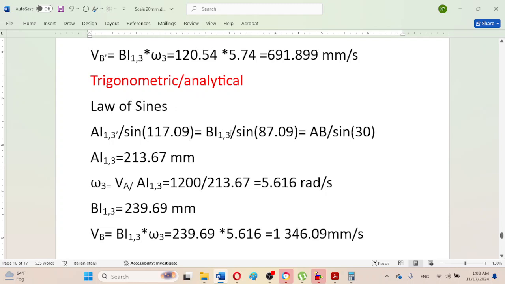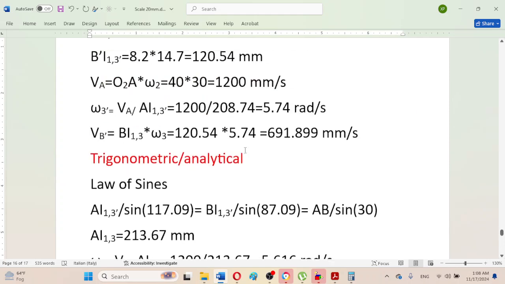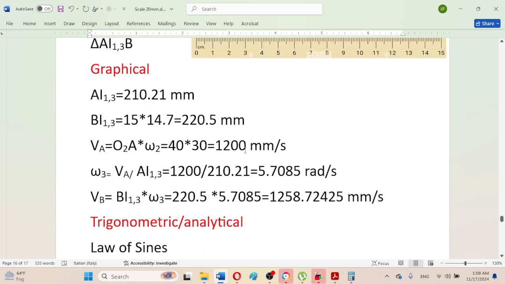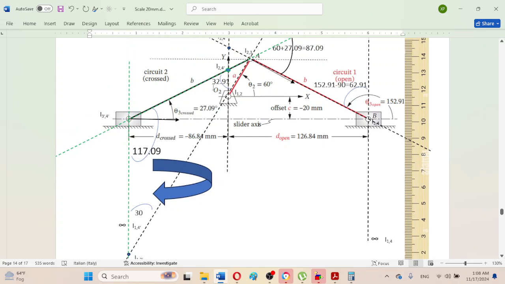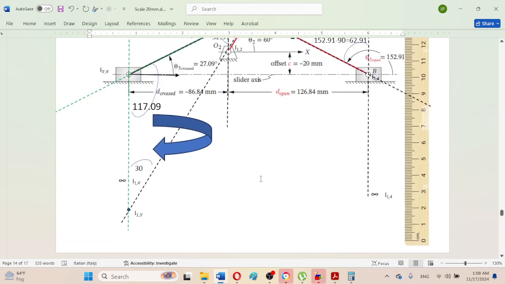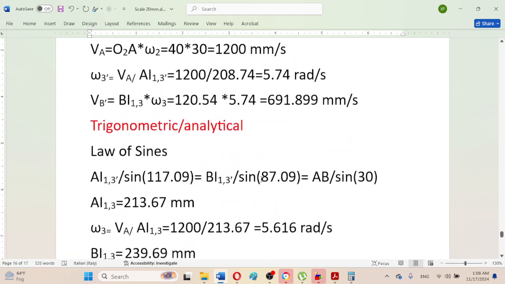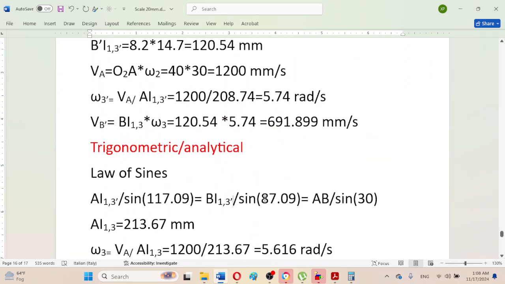In a similar manner for BI13 dash, this is angle B dash I13, and in front of this is 32.91. So mention it here, this is equal to 32.91.